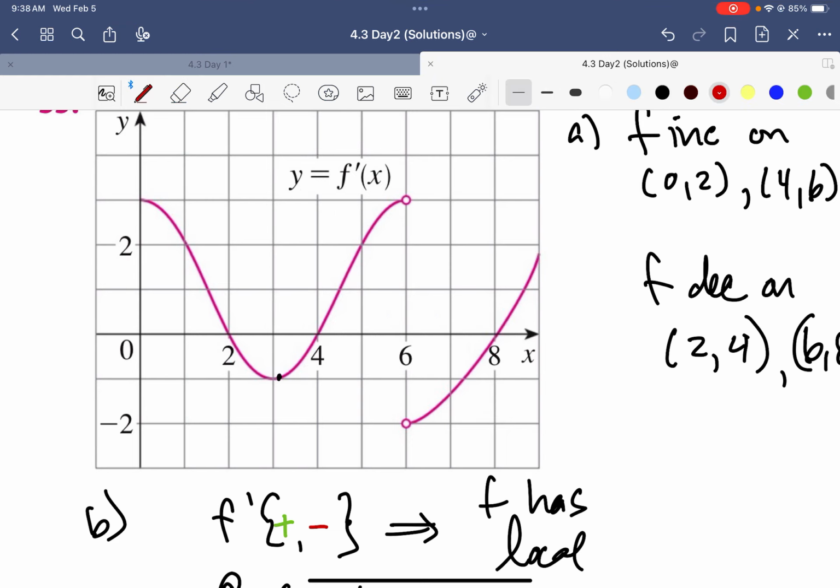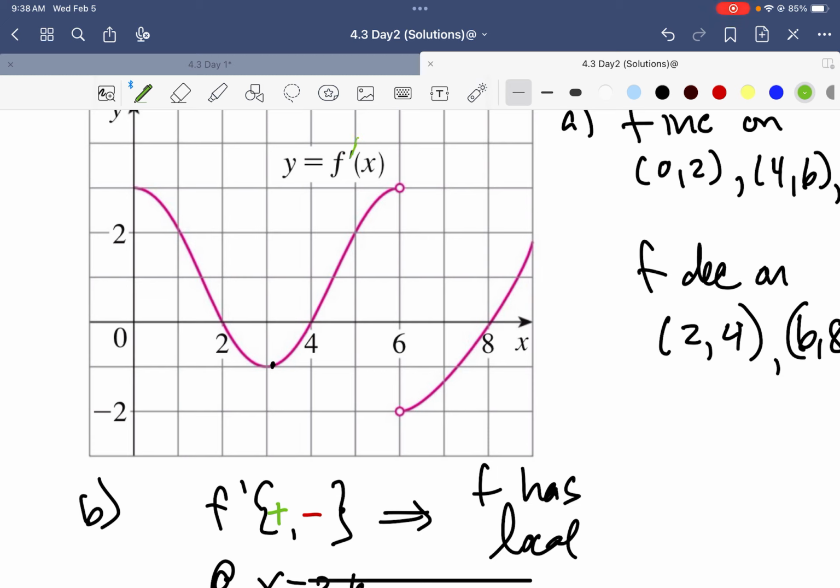So, since f prime is above the axis here and here and here, where f prime is positive, that's the same thing as f is increasing. So f is increasing for these x-value intervals.